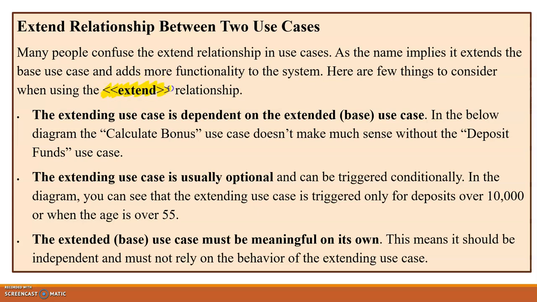Use the angular brackets. It is dependent, it is not an independent case. This is optional. Two words you need to remember: extended and extending. Extended is the base, means the base case we call extended, and the other case we call extending.